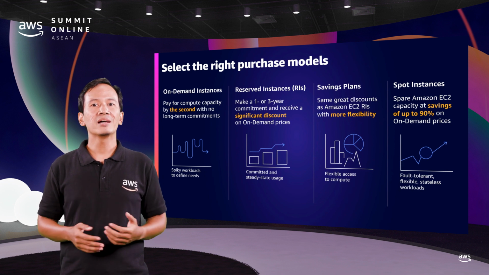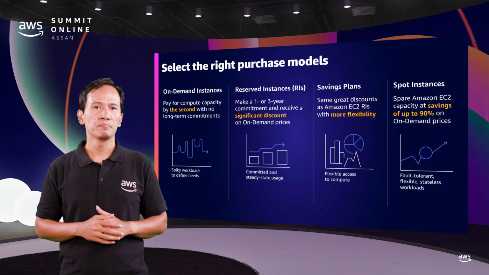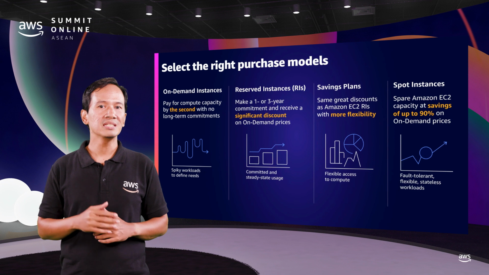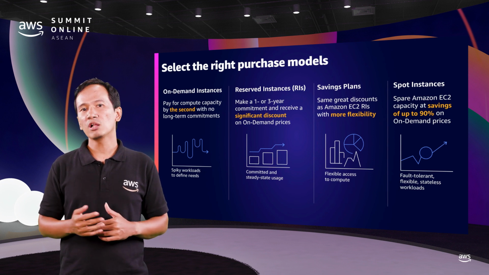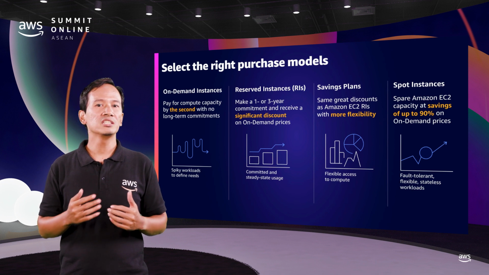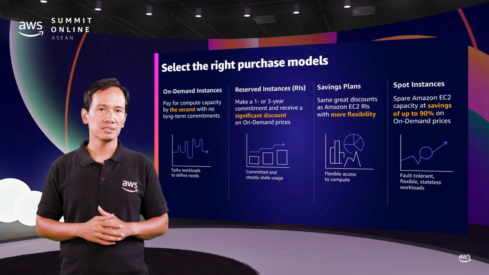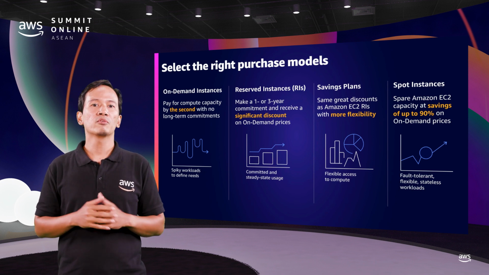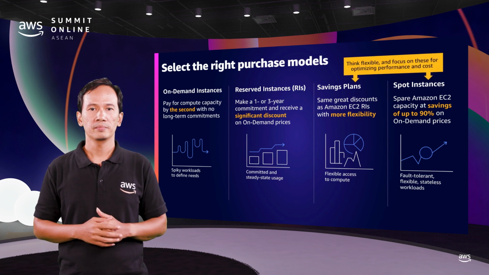Spot Instances are the same as on-demand instances, except that AWS can interrupt the instances whenever AWS needs the capacity back. In exchange for the potential of being interrupted, you can achieve up to 90% savings off of on-demand prices. So these types of instances are great for fault-tolerant, flexible, and stateless workloads.